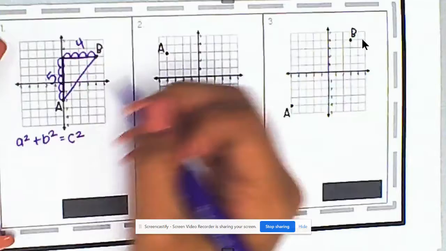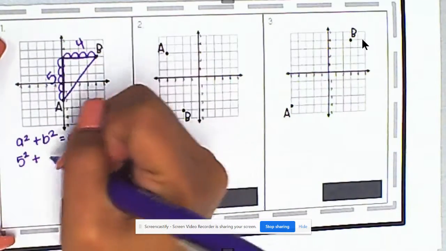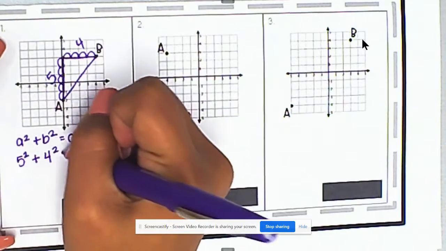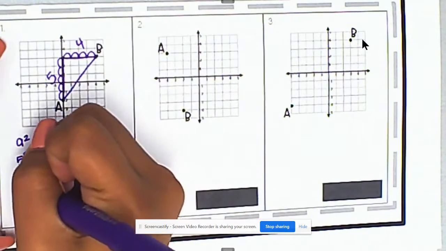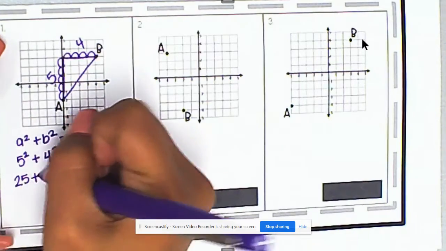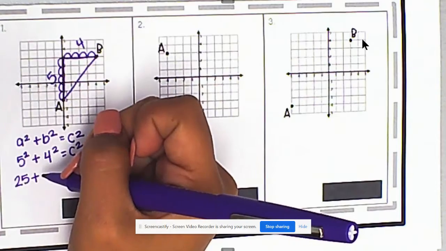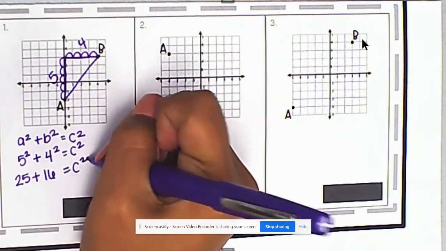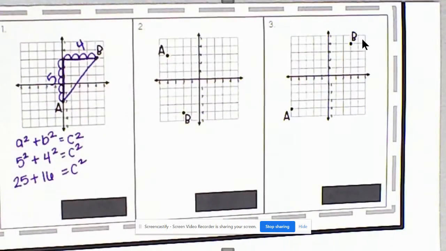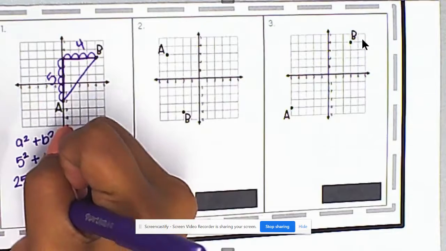So remember, A and B's don't matter, so I can put either one first. So 5 squared is 25, plus 4 squared is 16, and that equals C squared. And then 25 plus 16 is 41.